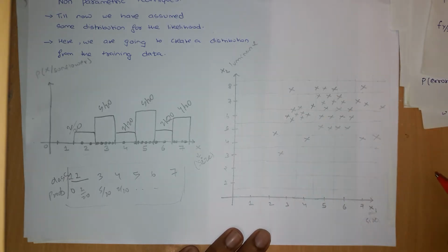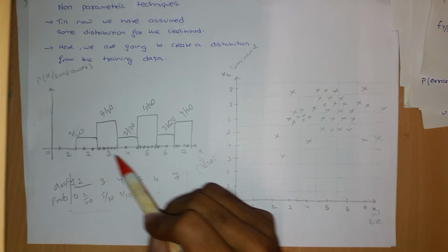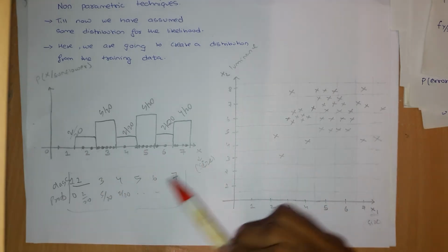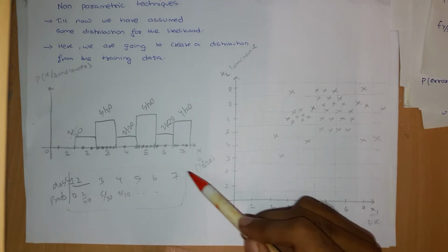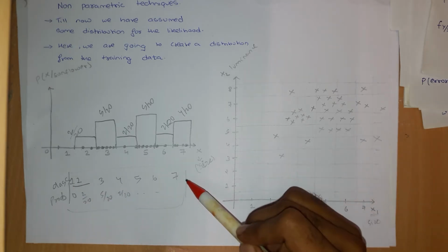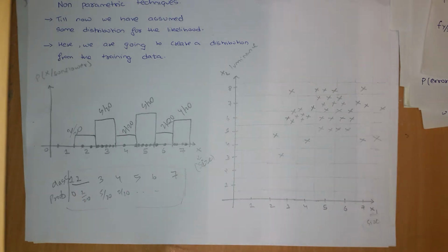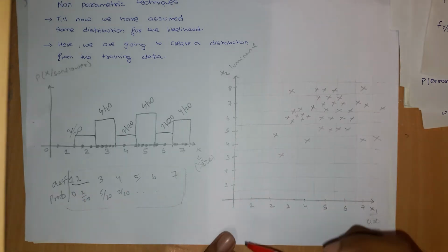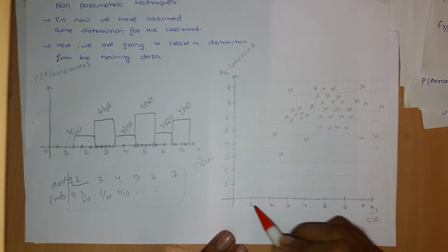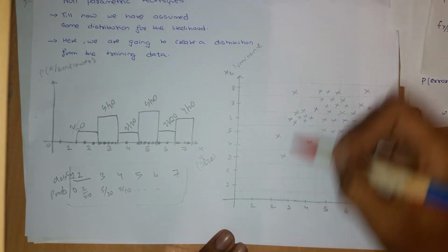So now you can see for the storage, here there were 1 2 3 4 5 6 7 classes. Hence I had to store all these 7 numbers, and the corresponding probabilities, so I have to store 14 numbers. But here you can see I don't just need to store these, but I need to store all of these also.